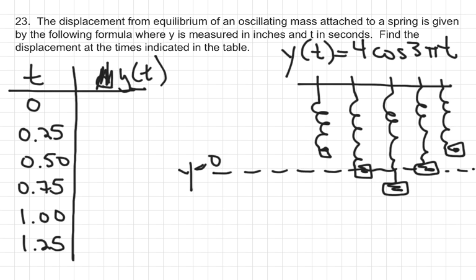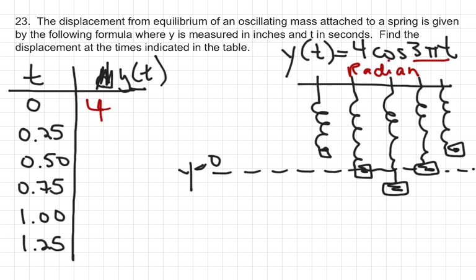I want you to notice that pi. We're going to be in radian mode. A lot of times when we use trig equations to represent motion, we're going to do it with our calculator in radian mode. So, plug in 0 for t. 4 times the cosine of 3 pi times 0 gives you 4.